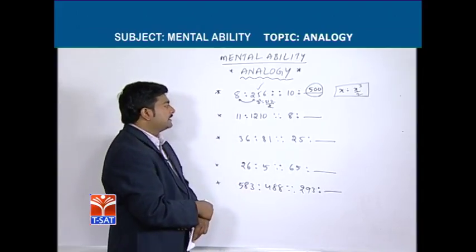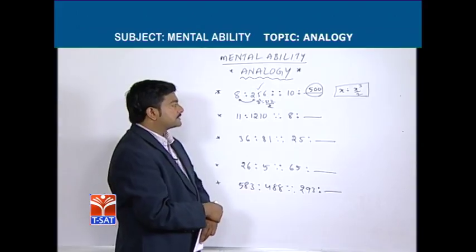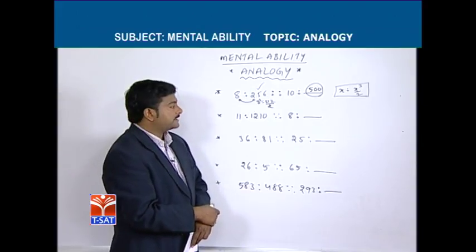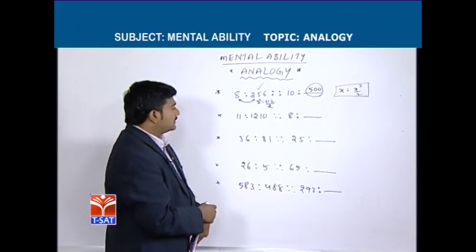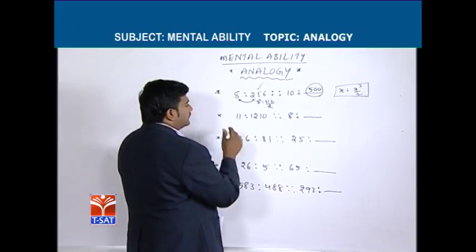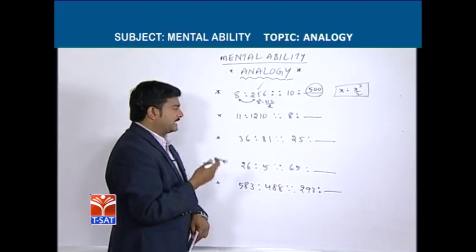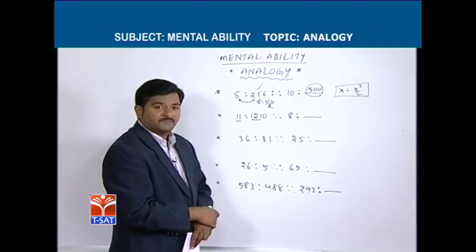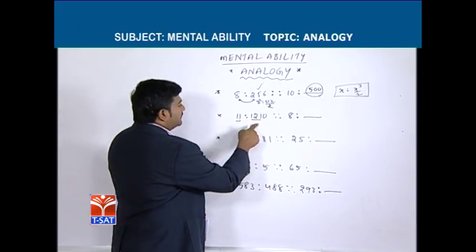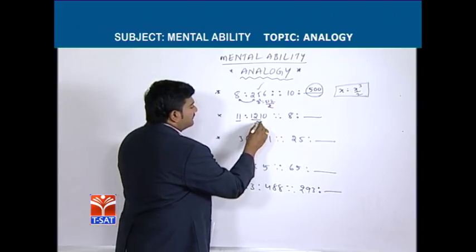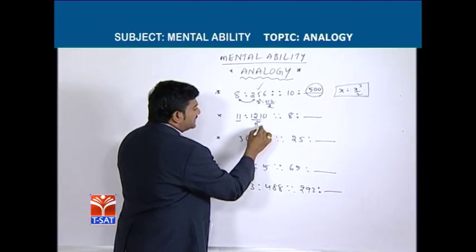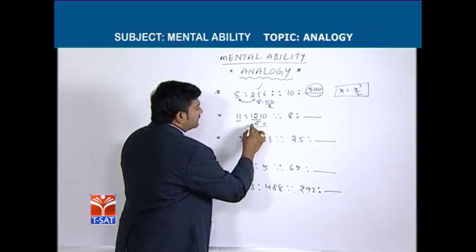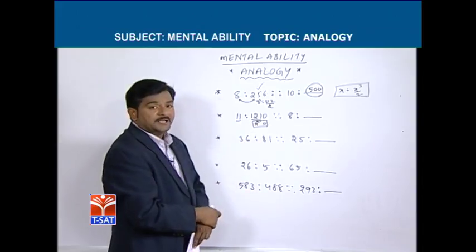So now observe here, 11 is to 1210 as 8 is to dash. The concept involved in this is, usually you may think in this way, many answers possible. 11 and 121, so 11 square. For 11 square, simply 0 is added.